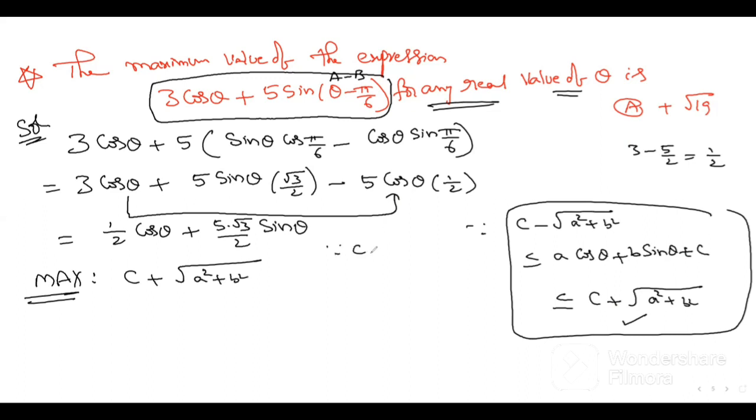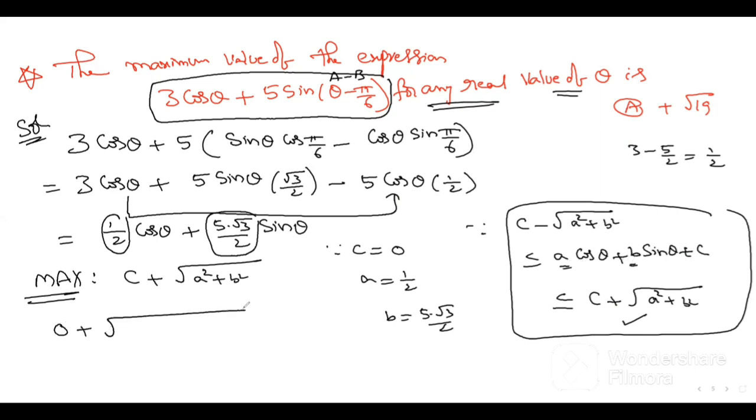Here c value, how much value? 0. Here a value, how much value? 1 by 2. B value 5 root 3 by 2. Cos theta, sin theta coefficients are the a, b values here. Okay, now write 0 plus root under a square plus b square. 1 by 2 whole square plus 5 root 3 by 2 whole square. What we get here?